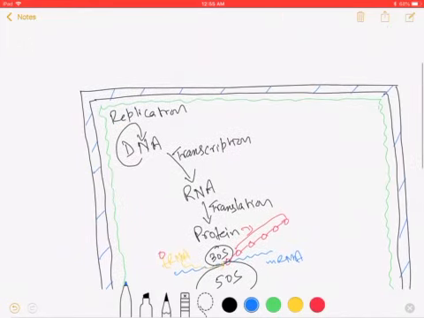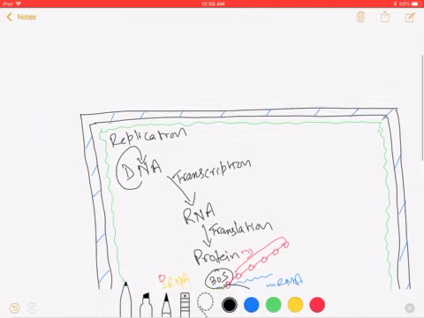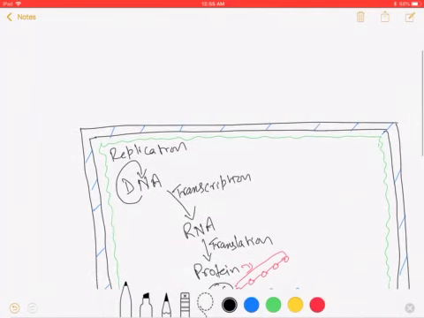Now we have 2 different classes of antibiotics that kill bacteria by disrupting DNA replication. What are those? One of them is your fluoroquinolone. Fluoroquinolones kill bacteria by disrupting your DNA replication.